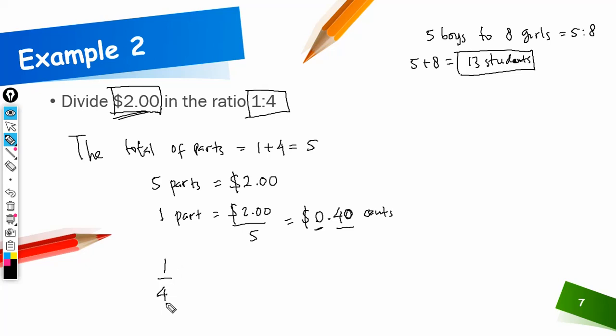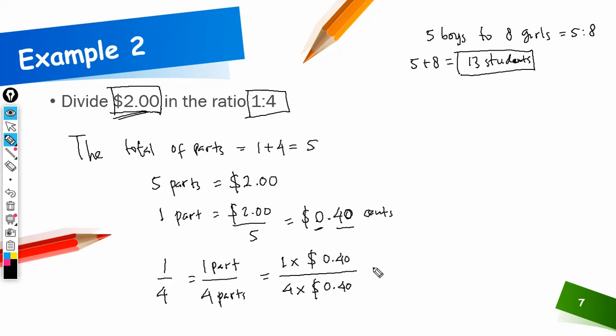So if the ratio is 1 to 4, it means that one part to 4 parts, which also means that 1 times 40 cents over 4 times 40 cents.